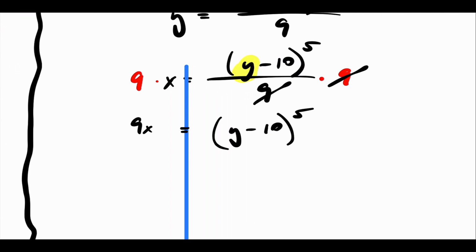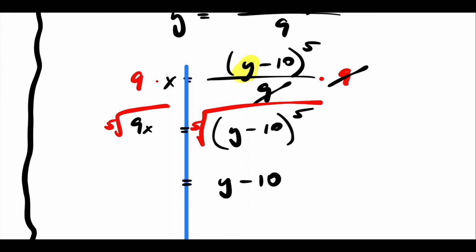Okay, I can't add 10 yet because it's got a power. So what's the opposite of 5th power? Yeah, 5th root, a root with a 5 on it. So do that to both sides.